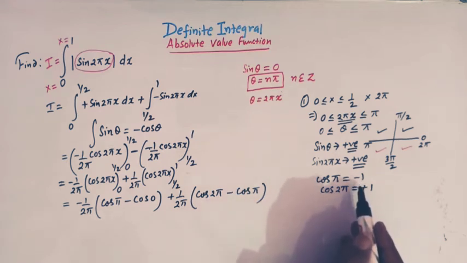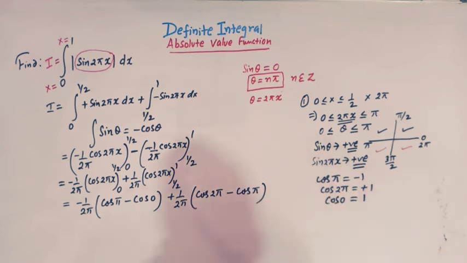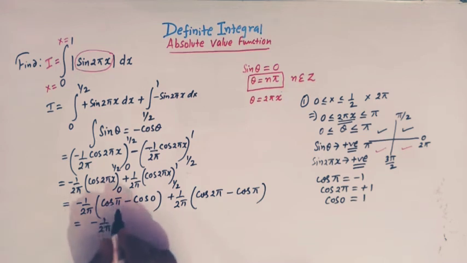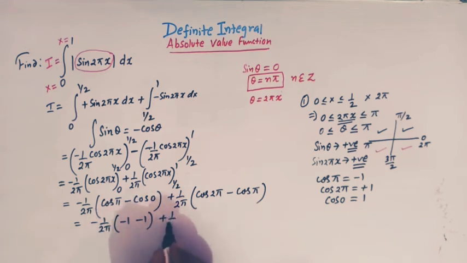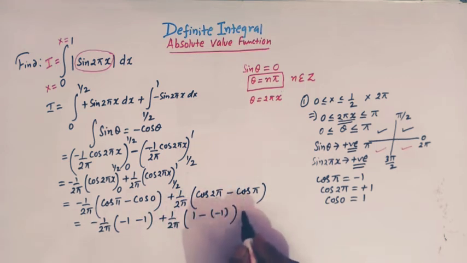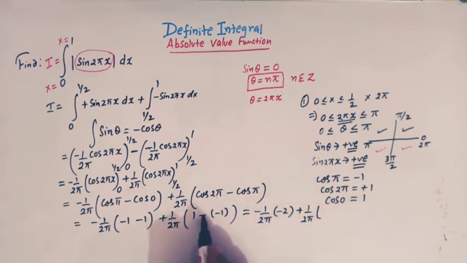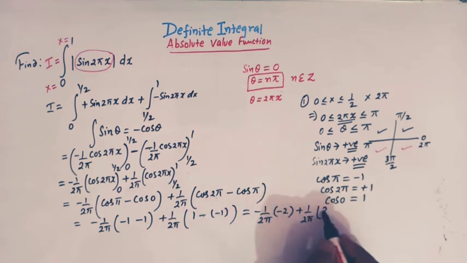Substituting these values, cos of 0 is also 1. So we have minus 1 over 2 pi times minus 1 minus 1, which is minus 2, and here plus 1 over 2 pi times 1 minus minus 1, so 1 plus 1, 2.